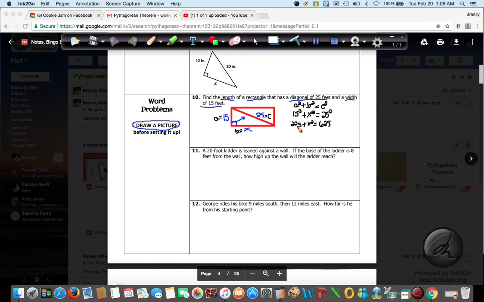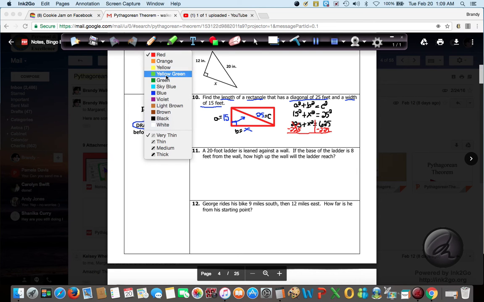To get rid of a positive 225, we are going to subtract 225. And you're not going to subtract it over here. You're going to subtract it from the other side. Okay? The positive 225, the negative, they cancel out.